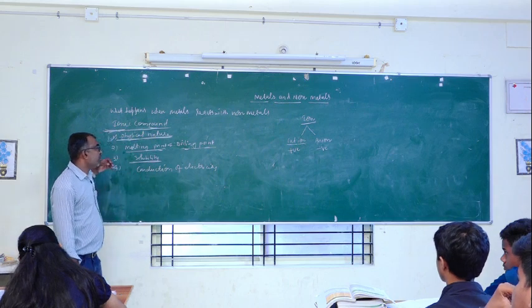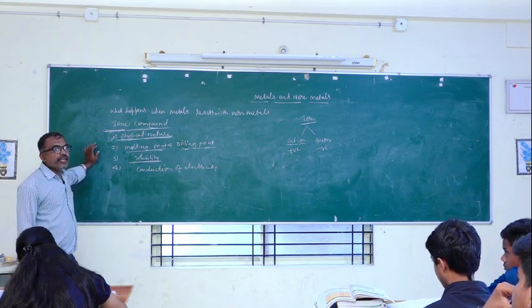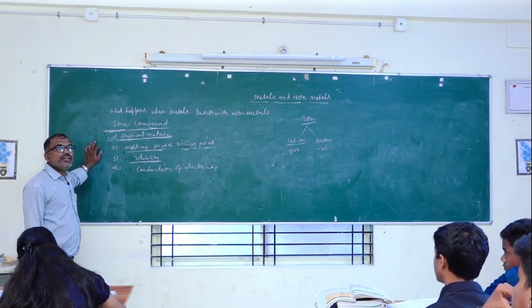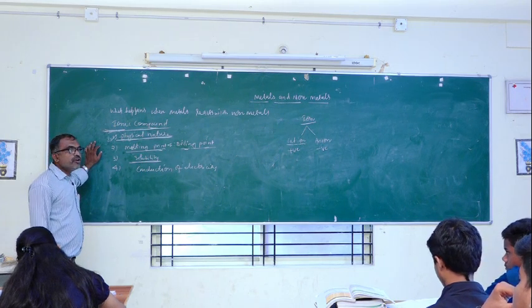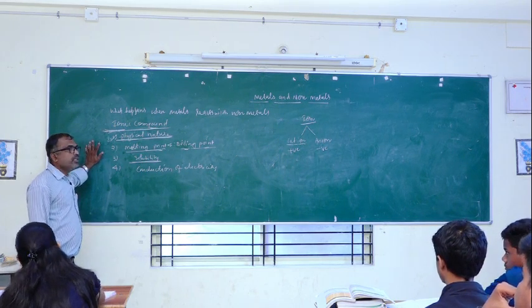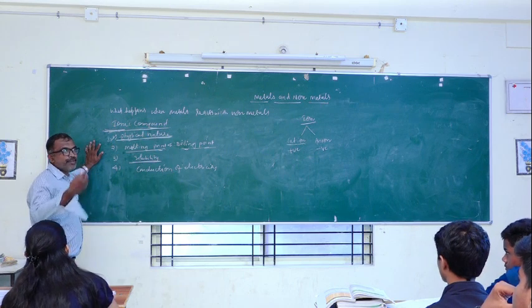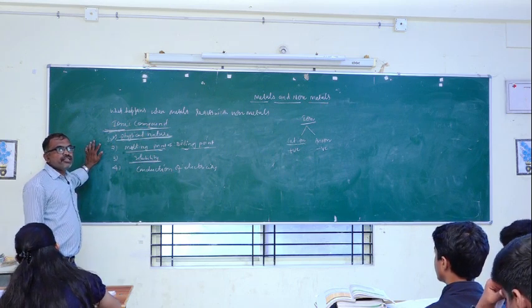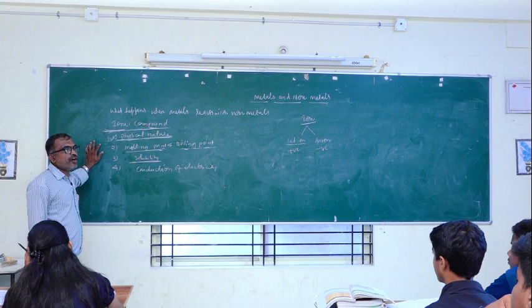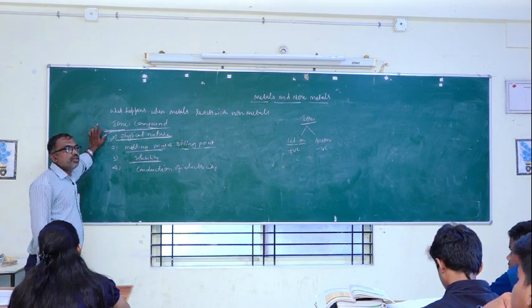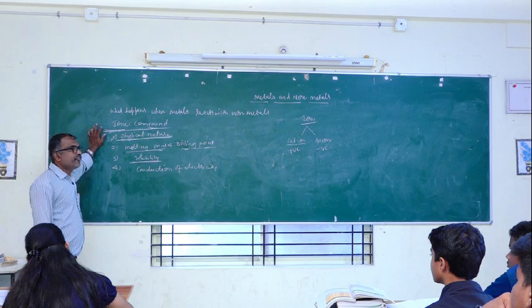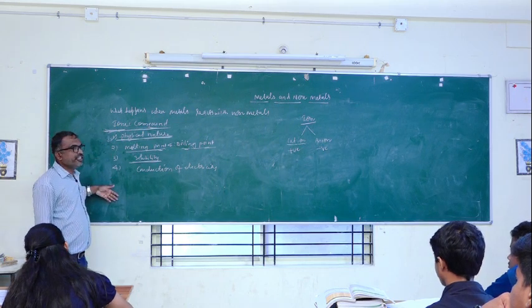So these are the 4 important properties of ionic compounds. So: what are ionic compounds, then 2 examples, NaCl and MgCl2, the formation of ionic compounds, and then the physical properties of ionic compounds.